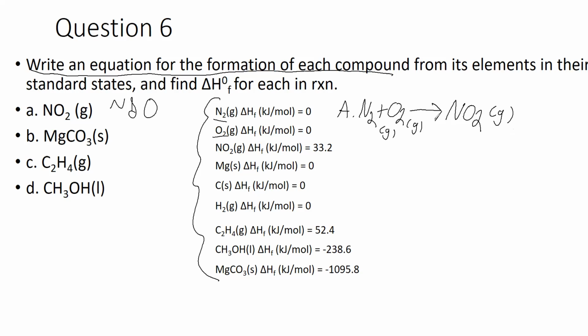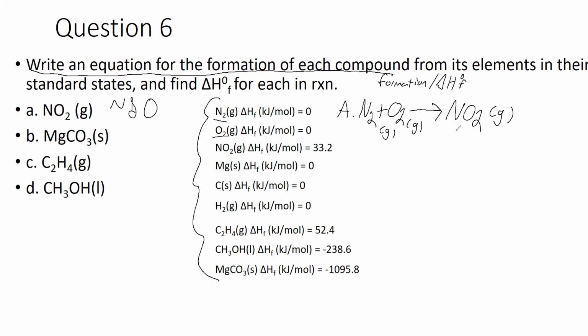And for formations, this is going to be something different than what we've done so far. When you're doing formation reactions, which is what we're doing here, when you're calculating delta H of formations, usually the product you want to keep as 1 mole, which means you get to do some interesting stuff.